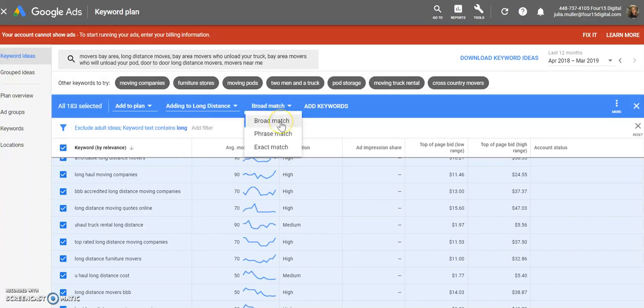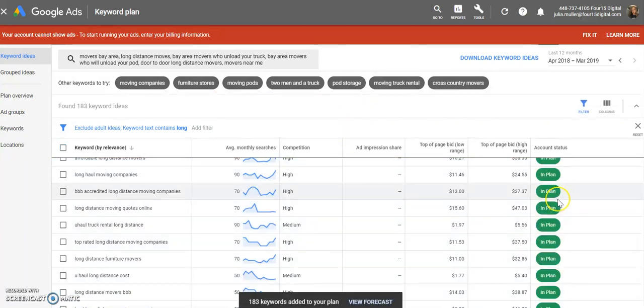Broad match is never a good idea to start with unless you have an unlimited budget, but maybe say phrase, or I'm going to start with exact match. Usually I add exact and broad match keywords. And I'm going to add keywords to my long distance ad group.